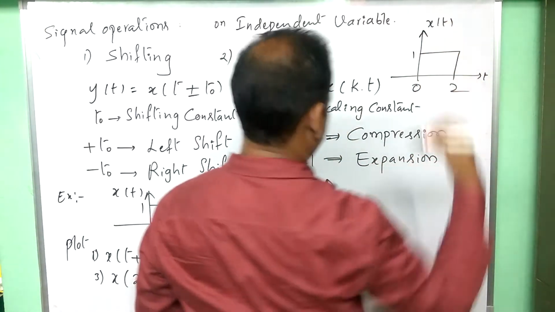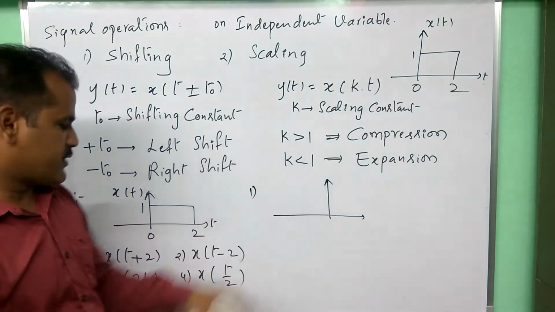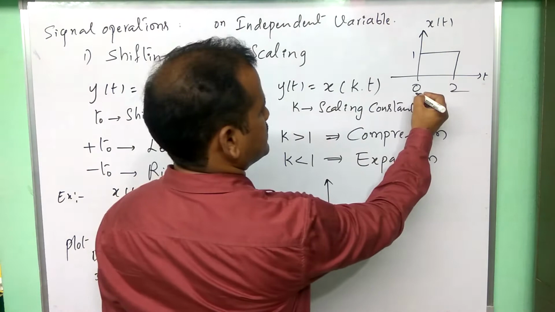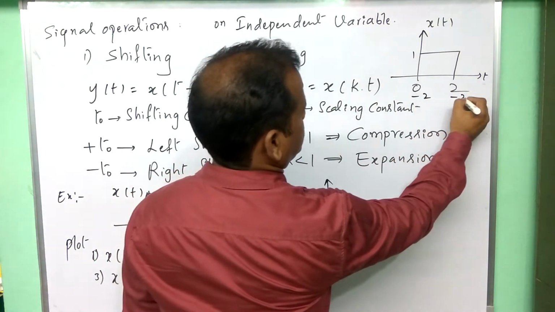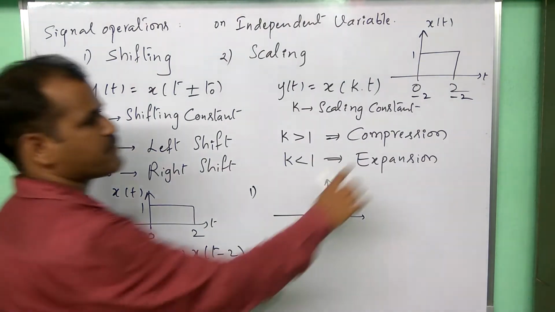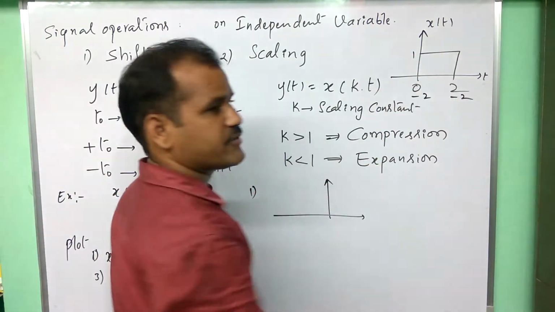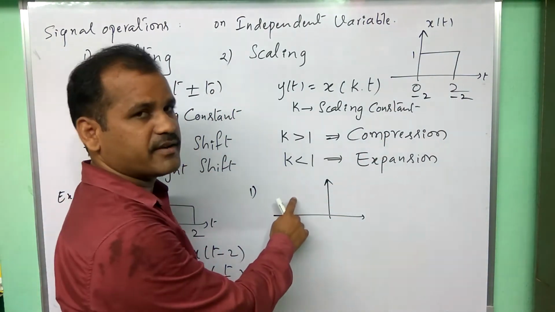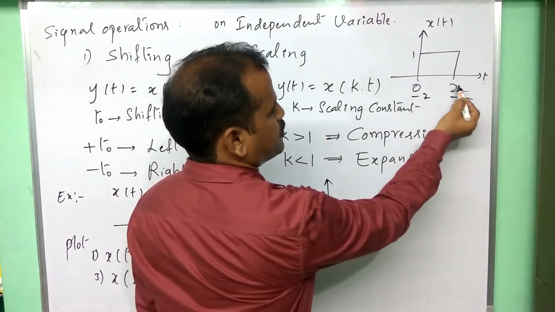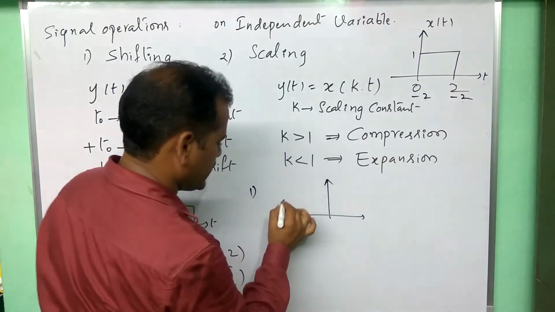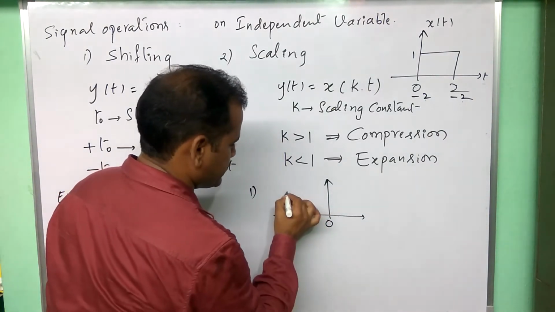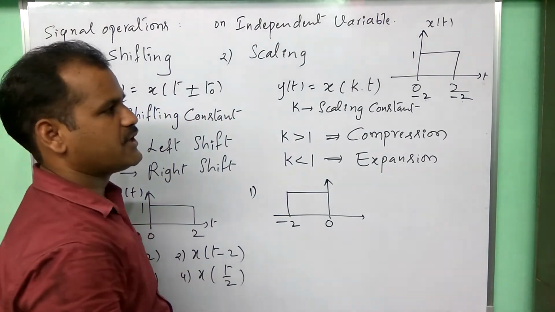Now we want to plot x of t plus 2. Whatever the constant here, plus means you take minus, and add it to each instant of the signal. The starting instant is minus 2, and 2 minus 2 is 0, so the signal starts at minus 2 and ends at 0.